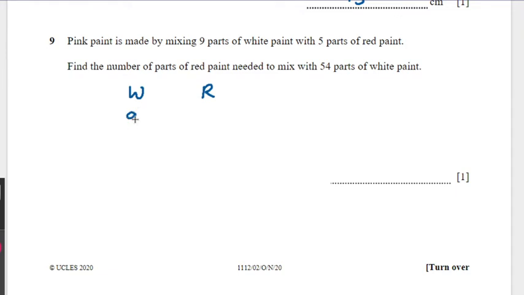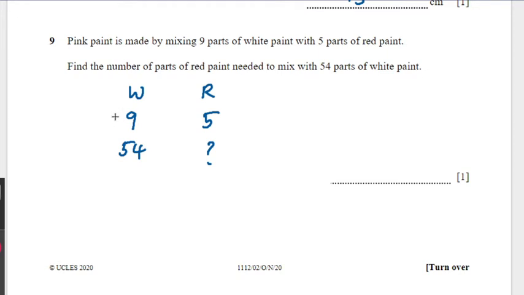We need 9 white parts and 5 red parts to get pink. They ask you to find the number of red parts if you have 54 parts of white. So you need to find what times 9 equals 54. In other words, you divide 54 by 9 and the answer you times by 5.